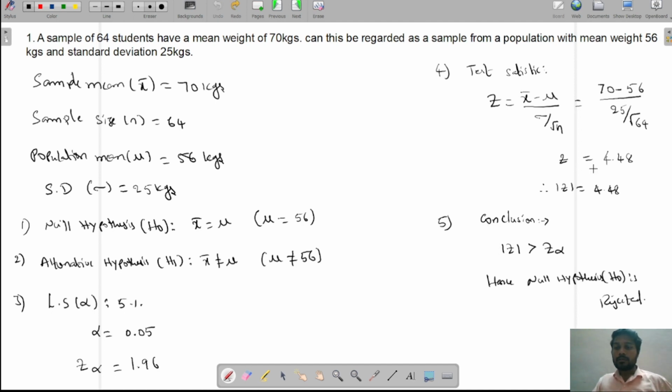Modulus of Z value is bigger than this Z alpha. So if modulus of Z is bigger, then the given data is rejected, that data is not supported by the standard. Okay, right. So this is the solution of the first question.